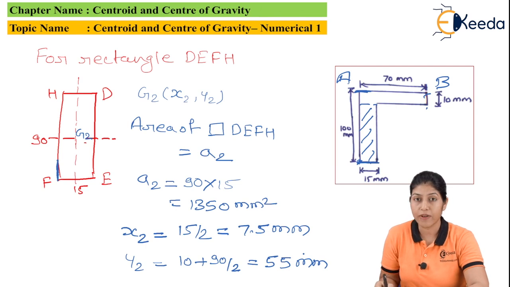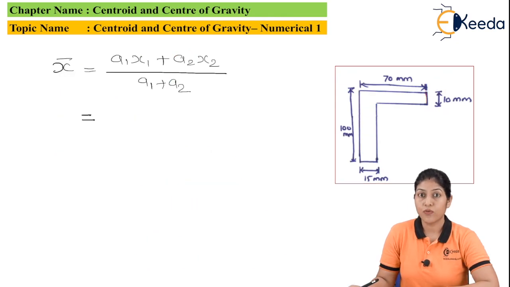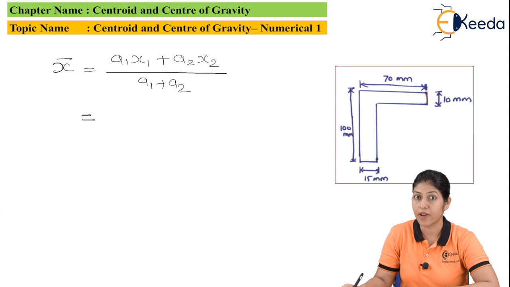Now we have both the values X2, Y2 and X1, Y1. So we can find out the value of X bar and Y bar by the formulas. To find out the value of X bar, we have the formula, that is A1X1 plus A2X2 divided by A1 plus A2.